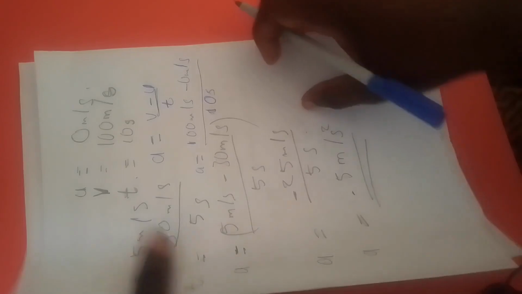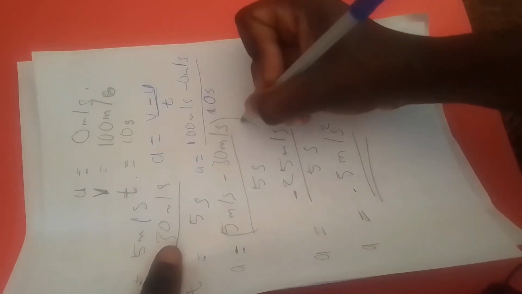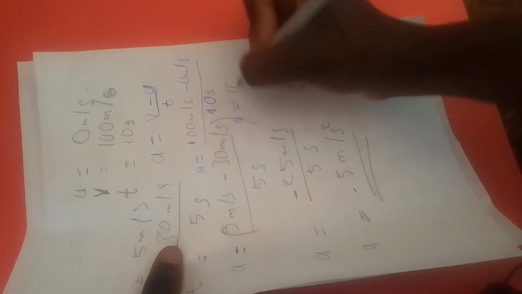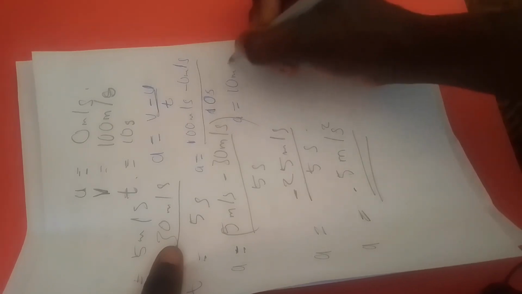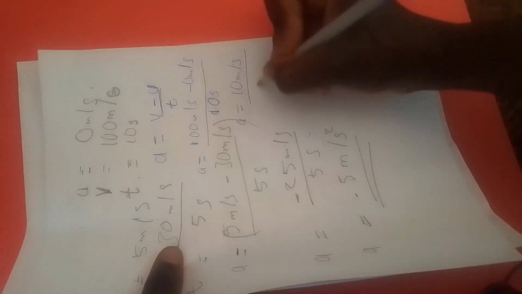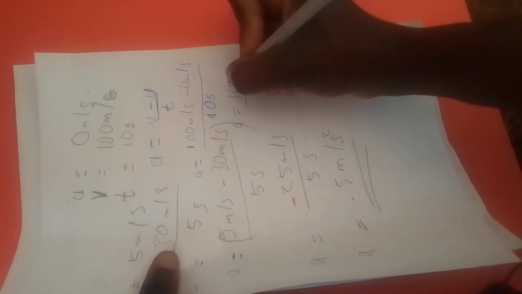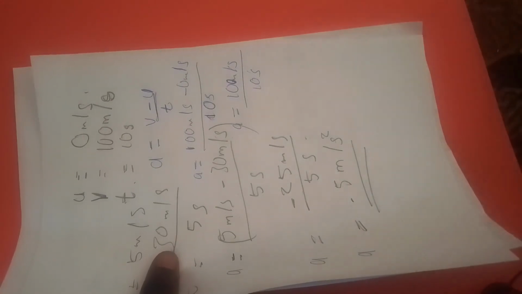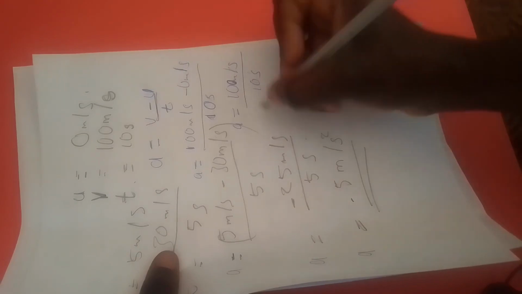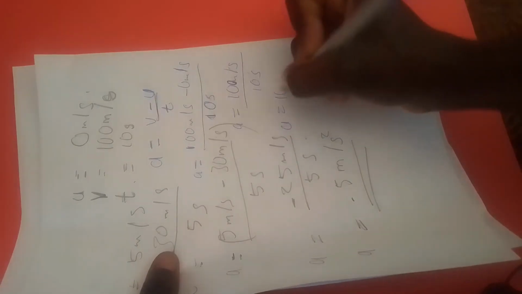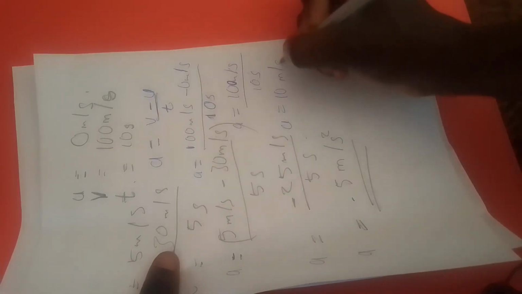We can see that 100 minus 0 is going to be 100, right? So a is equal to 100 meters per second over 10 seconds, right? So obviously our acceleration, 100 divided by 10, is going to be what? a is equal to 10 meters per second squared.